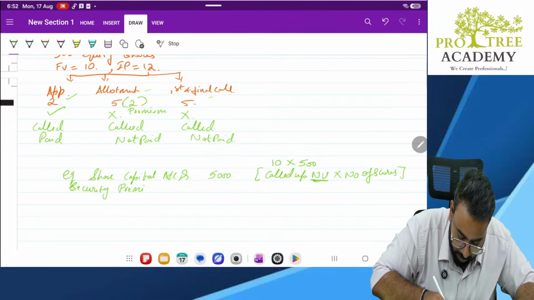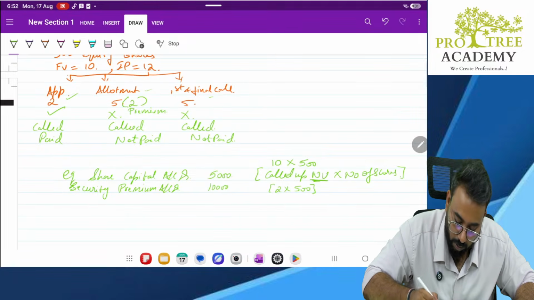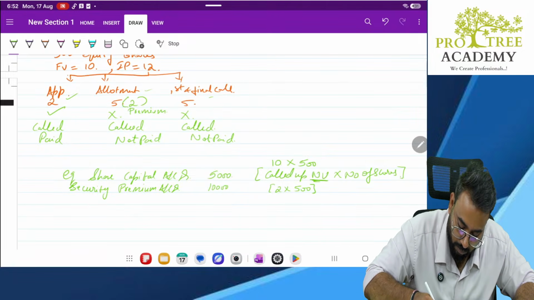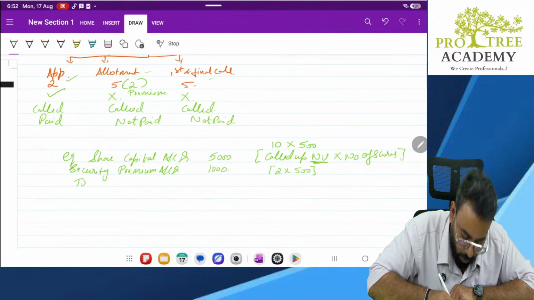Securities premium account debit. How much is the premium? 2 rupees into 500 shares, that is, sorry, 1000, not 10,000. Okay. Yes, sir.